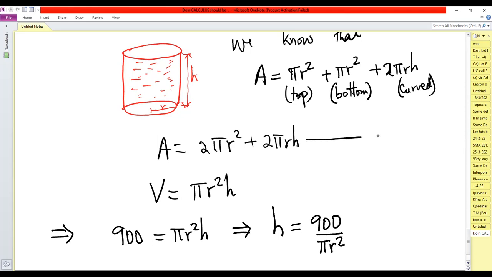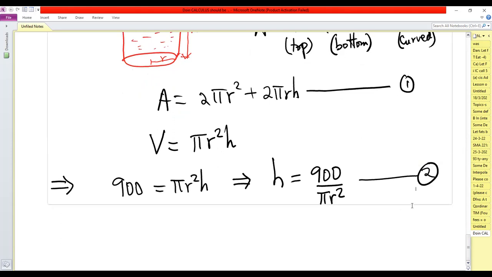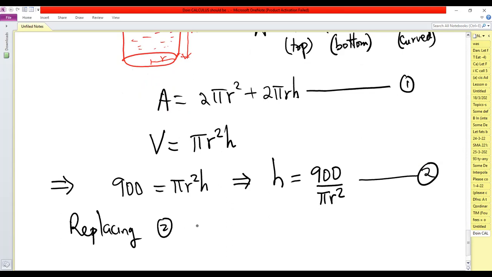Let's call this formula 1, and the area formula formula 2. Now replacing 1 in 2, where there's h we replace it by 900 over pi r squared.